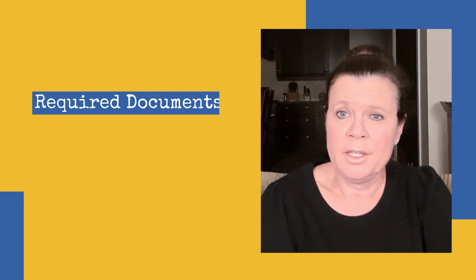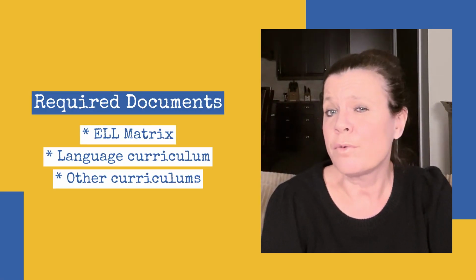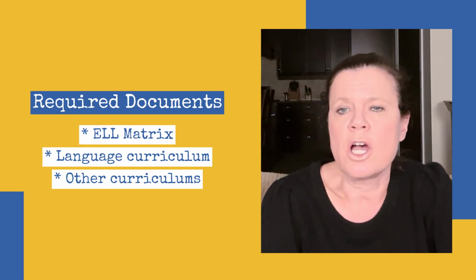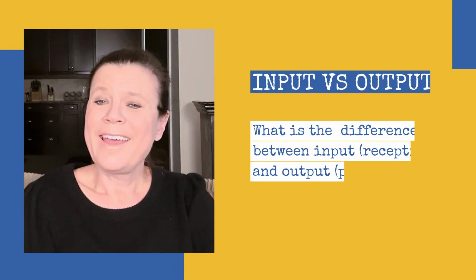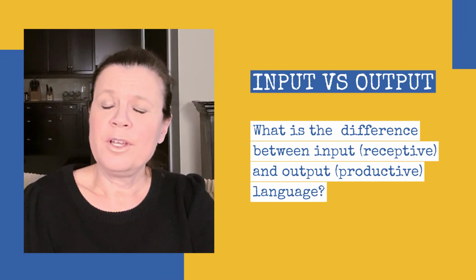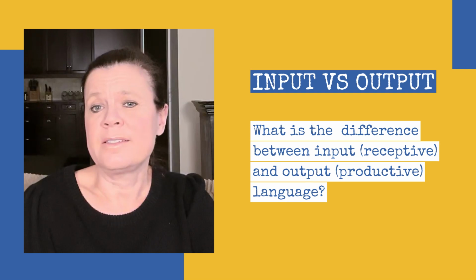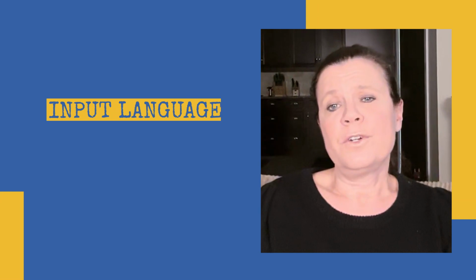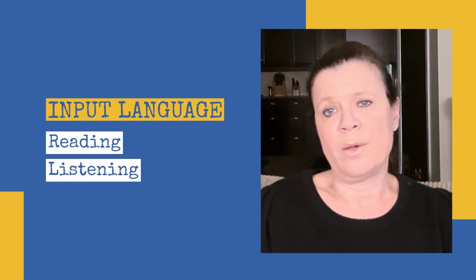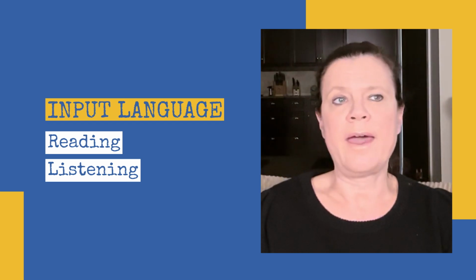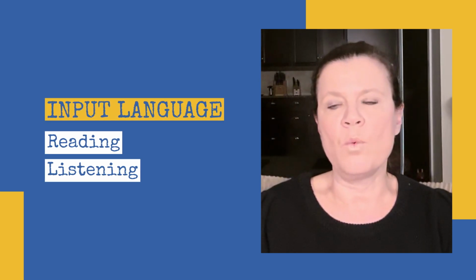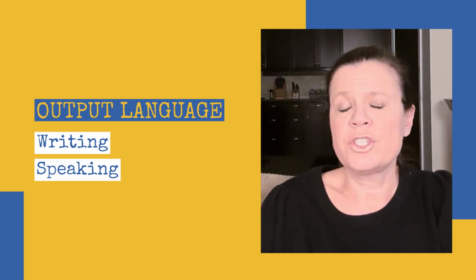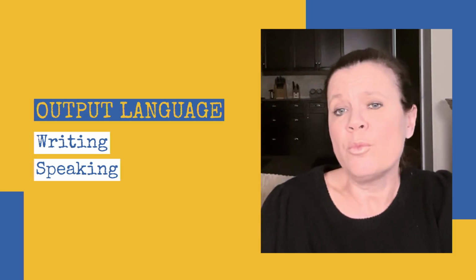For your planning, you're going to want to have first and foremost your ELL matrix or whatever government document that you've been given. After getting all your documents in order, the next thing to do is to understand the difference between input, or I like to refer to receptive language as input language, and productive language, which I like to refer to as output.